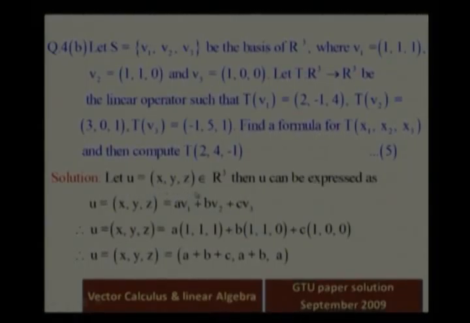So let U equal (x, y, z) belonging to R3. Then U can be expressed as U equal to (x, y, z), that is equal to A V1 plus B V2 plus C V3.